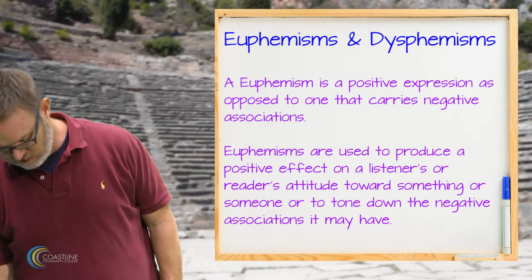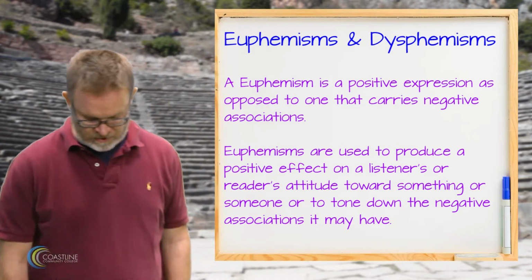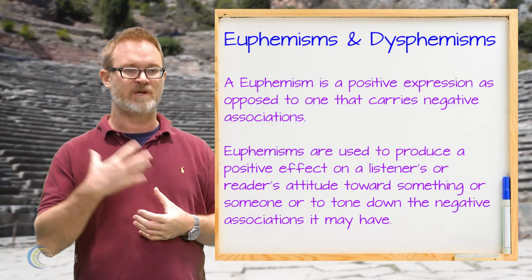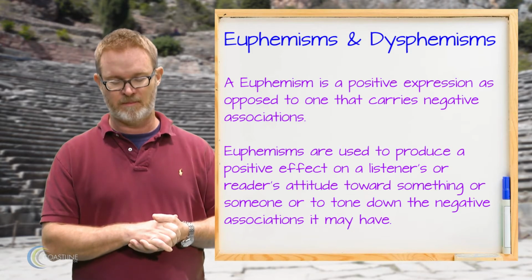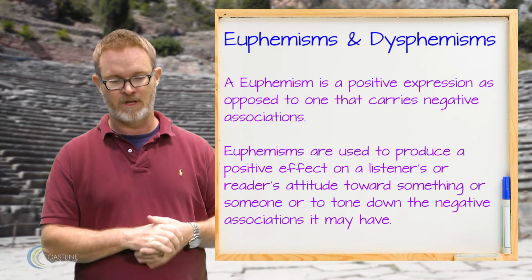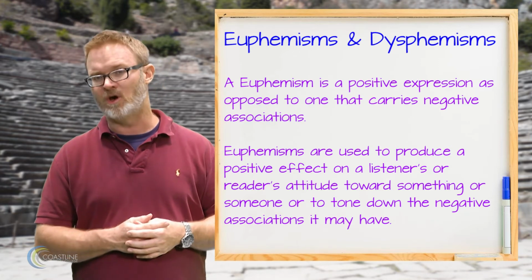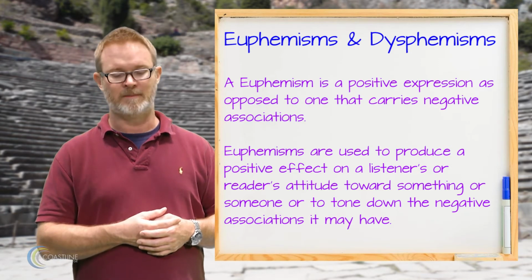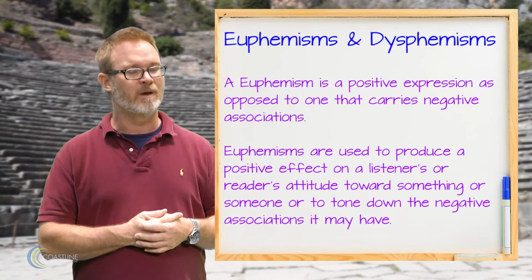Another way to think about this is again with the idea of what's politically correct. A lot of times, a euphemism will take the place there as well. So think about 20 years ago, we would use a term like retarded, right? It wasn't a big deal, I don't think.